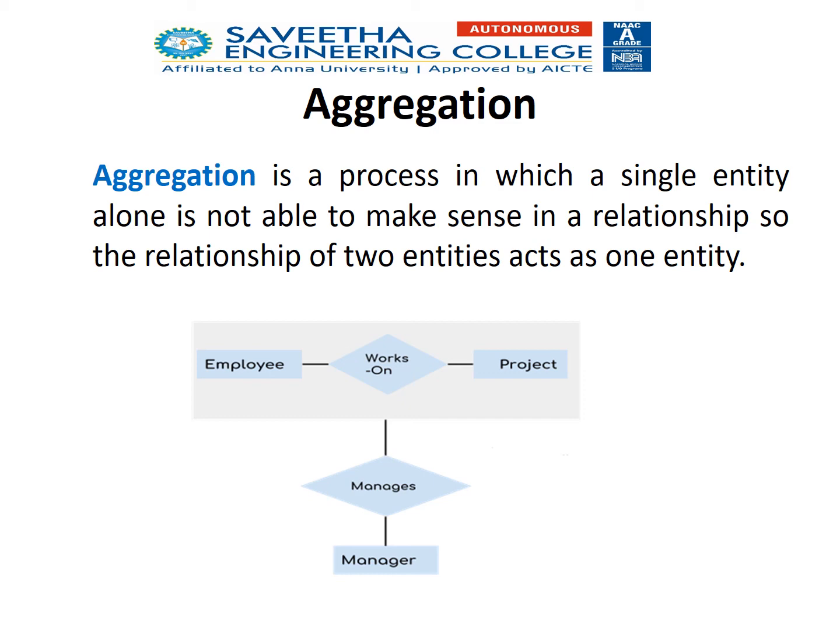So why did we study all these things? When we are designing a database for an organization or enterprise, the ER diagram clearly specifies all the relationships. That means what the entities in the organization are, what the relations between the entities are, what the attributes are, and whether the relationship is a specialized one or a generalized one.